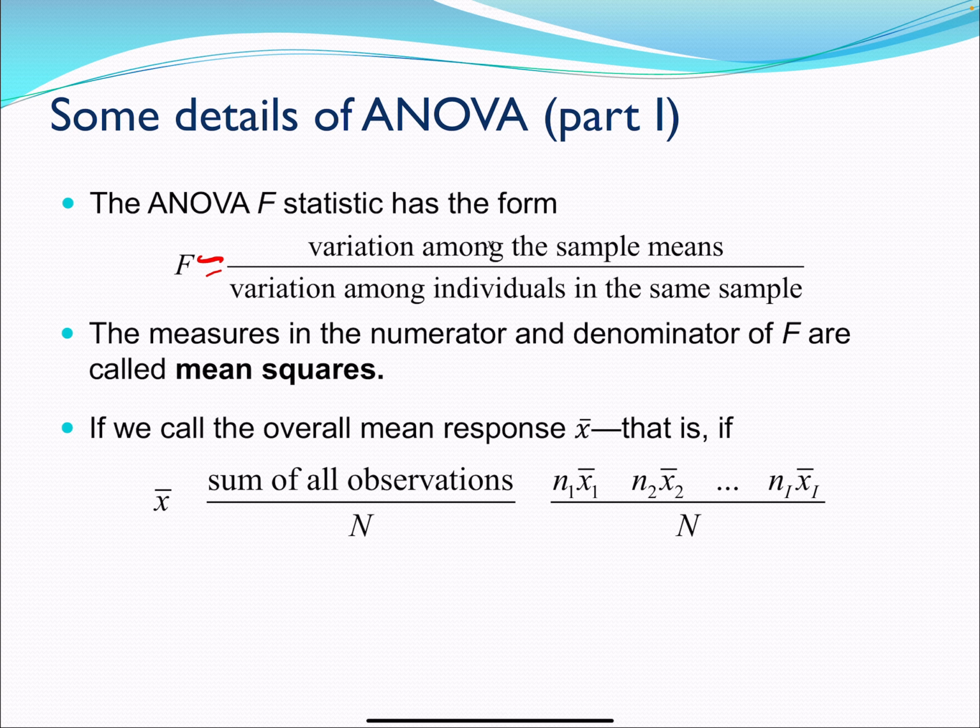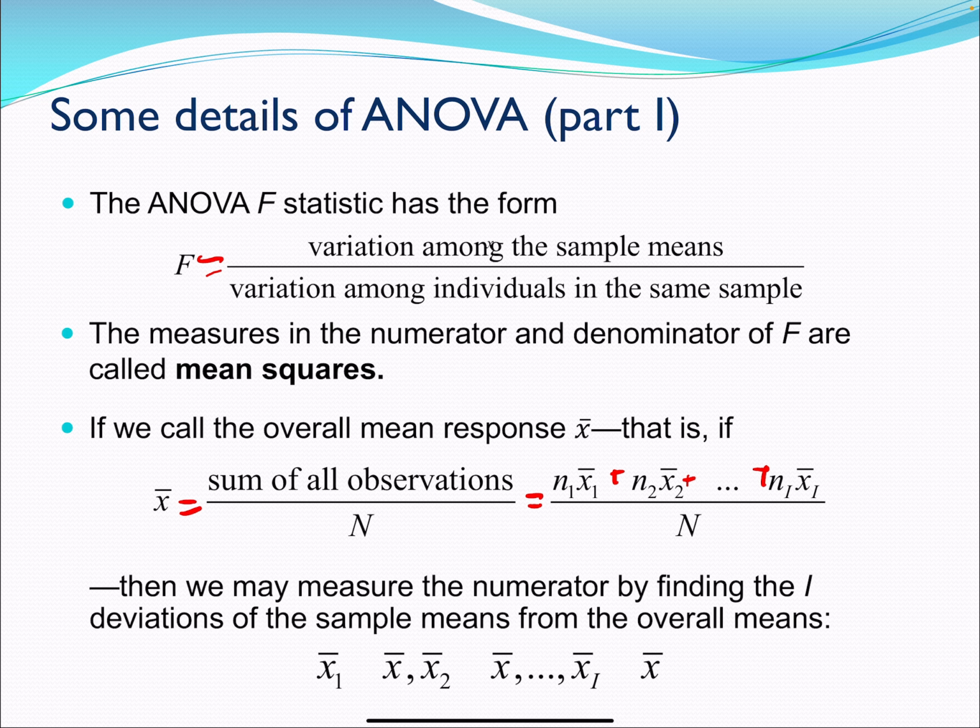If we call the overall mean response x bar, that is if we take the sum of all observations over N, that's going to equal n1 x bar1 plus n2 x bar2 plus and so on, the sum of all the individuals divided by N, we're adding them up. Then we measure the numerator by finding the I deviations of our sample means, so we take the differences from the individual means of the samples.